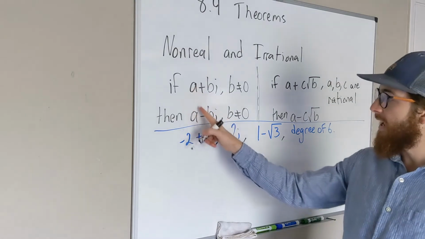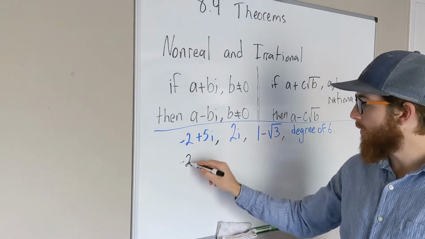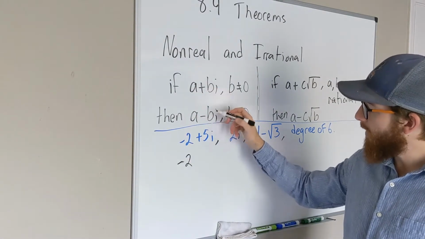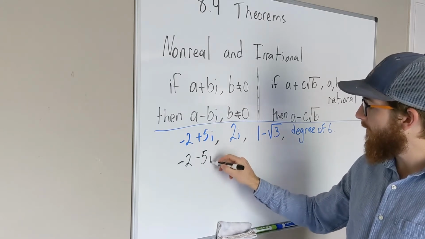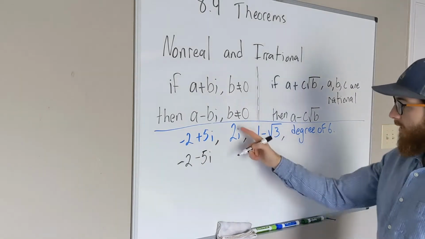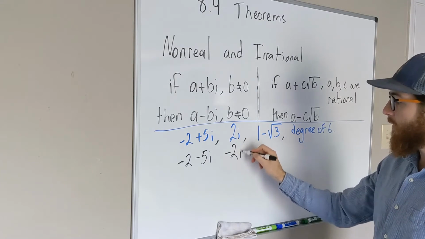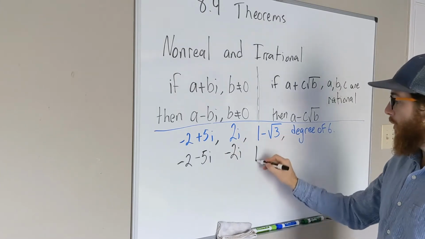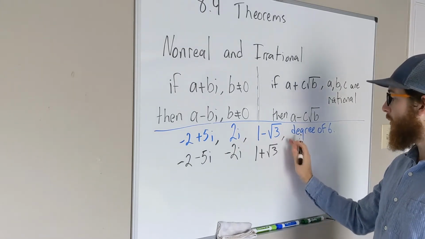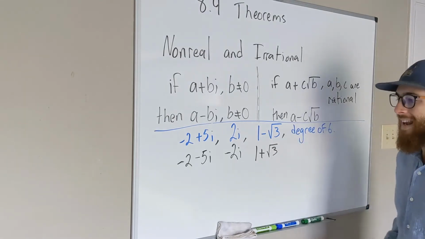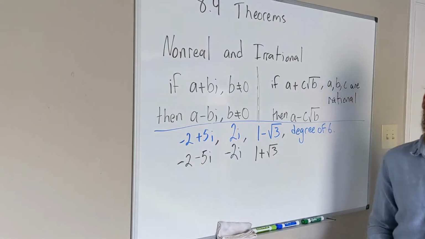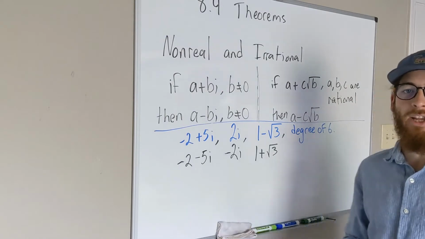Okay, so a stays the same. So negative 2, positive becomes negative, negative 5i. Here would be just negative 2i. Here, 1 plus 3 square root of 3. Okay, now I have all 6 of my zeros, and I have to plug them into the linear pieces.